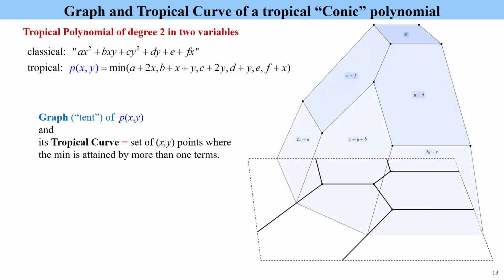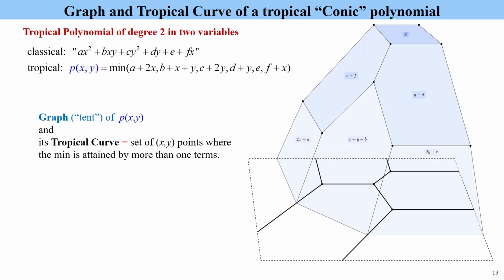Now, going to tropical polynomials of degree 2 in two variables. We have this classic conic, and then its tropical version, where, as I said before, the easy trick is to take all additions between the monomials and turn them into max or min, and then turn the multiplications into additions.